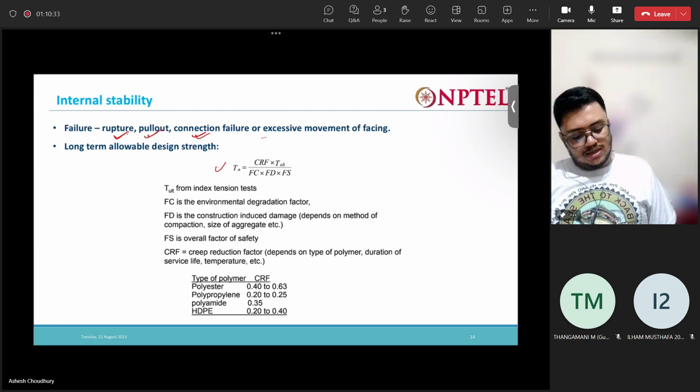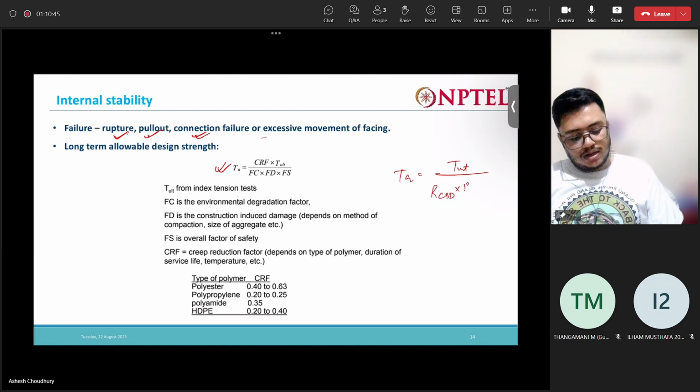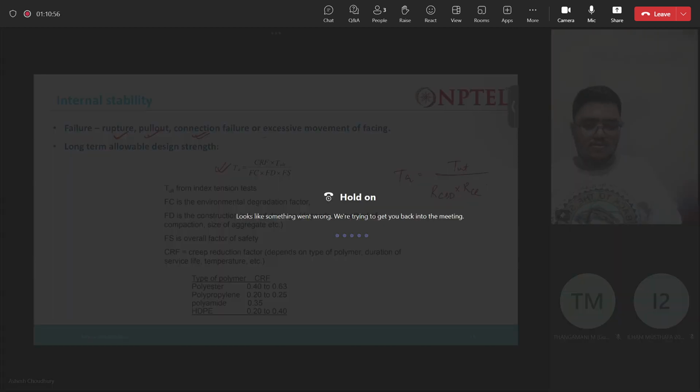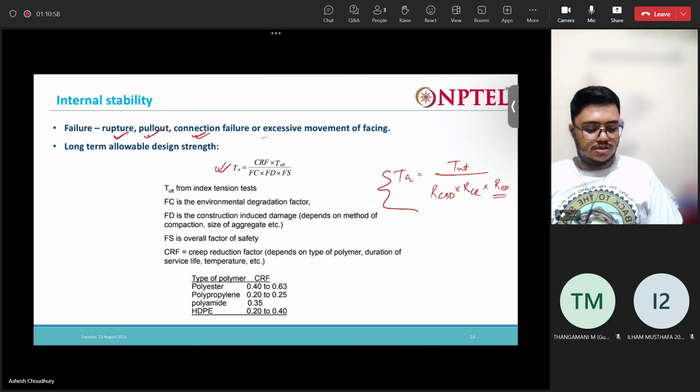Here, Koerner actually gave TA as T ultimate divided by three factors: R chemical-biological, R creep, and R construction damage. Okay, these three he gave, so this was given by Koerner.